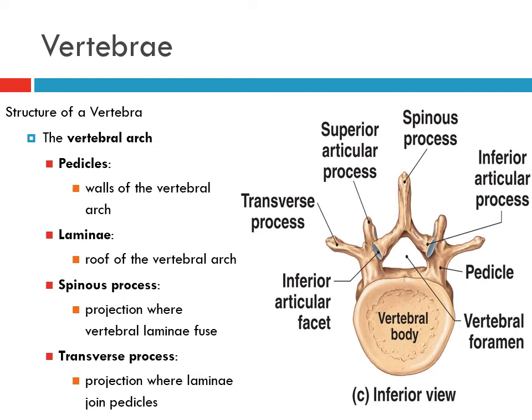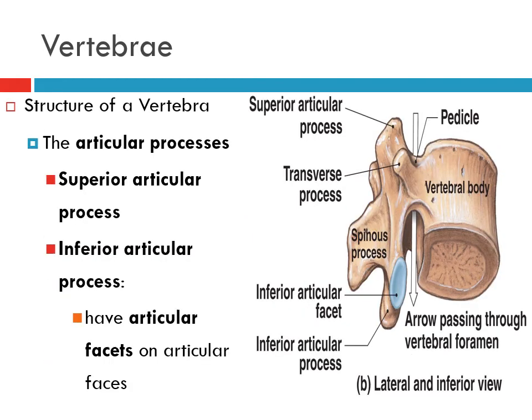On the back side, we have these articular processes. You have a superior articular process and an inferior articular process on either side of each vertebra. The superior articular process of one vertebra is going to articulate with the inferior articular process of the vertebra above.